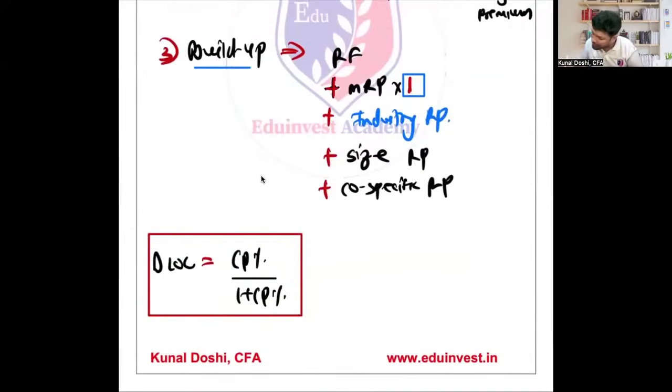Together, what is going to be my total discount? My total discount is not additive, it is cumulative. So basically, we do 1 minus my total discount.